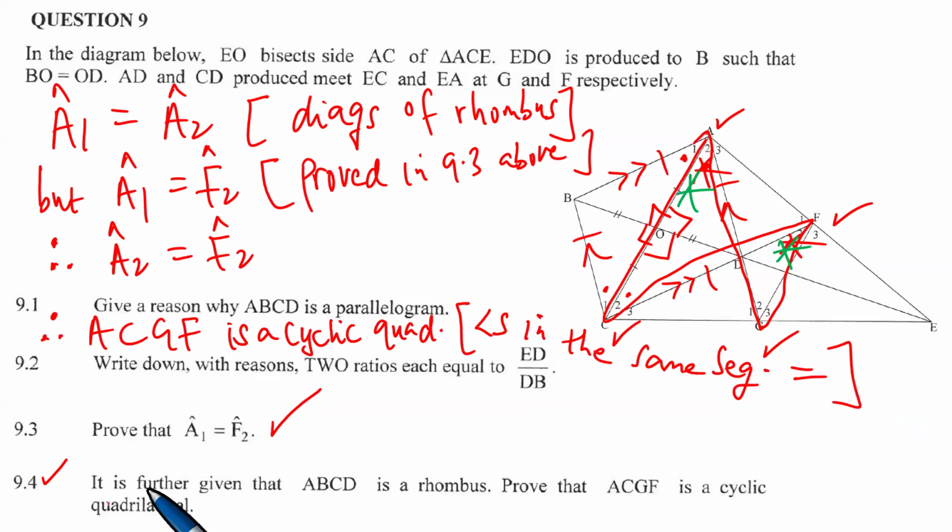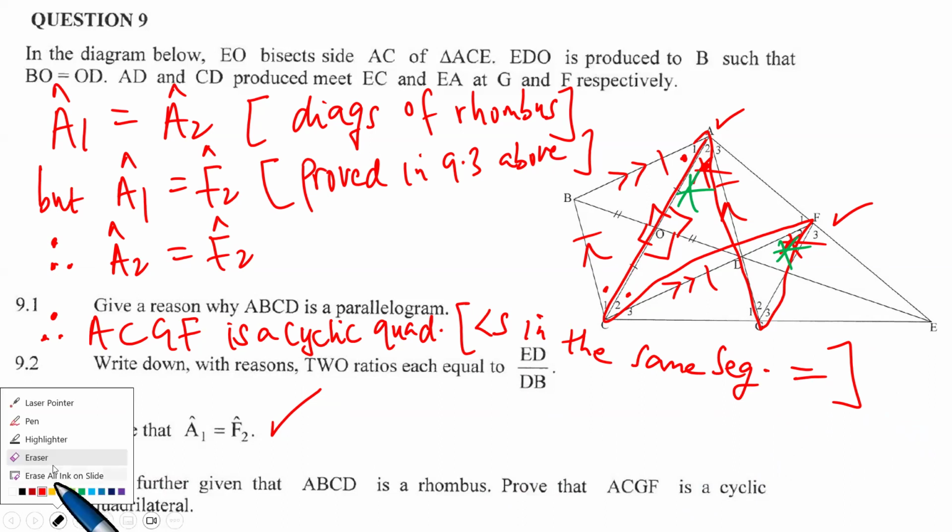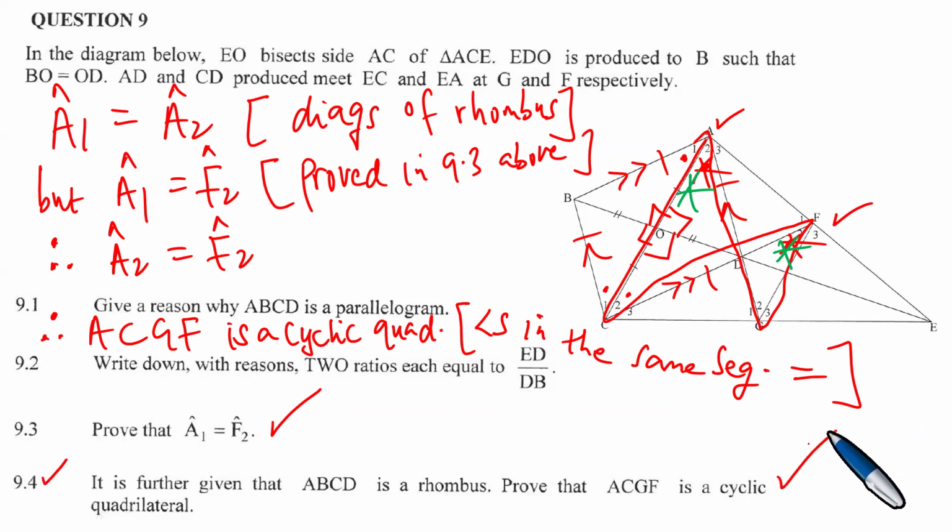So we have been able to establish that ACGF is a cyclic quadrilateral because the angles in the same segment are equal to each other.